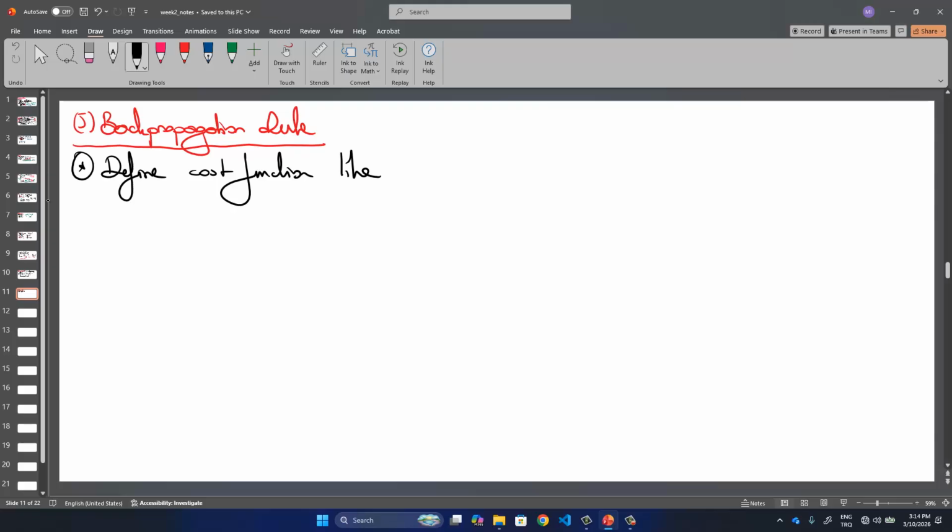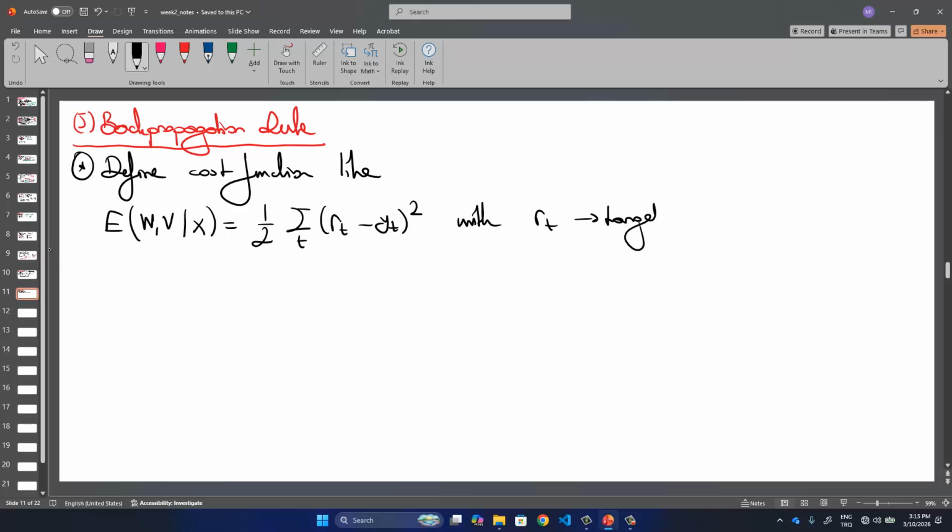So, if we define the cost function E for a given W and V, these are our coefficients, for a given X, we need to write 1 divided by 2 times the summation of (rt minus yt) squared. rt is the reference set, the target values, and yt is the output of the neural network.